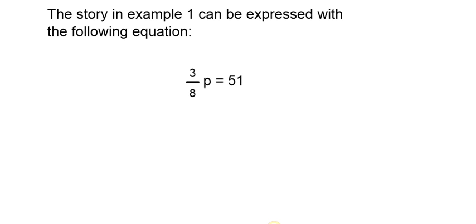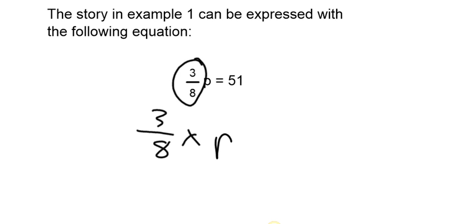In essence, when we have this equation put before us, we could just solve for this to get the complete answer. But now, how do we solve this equation? To solve this, we understand that 3/8 times something equals 51.